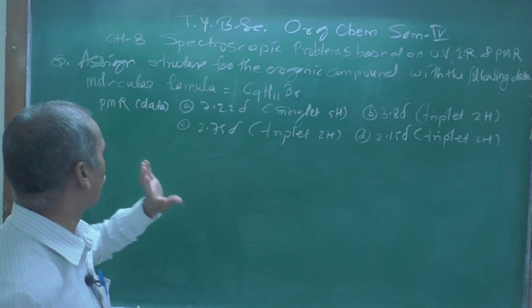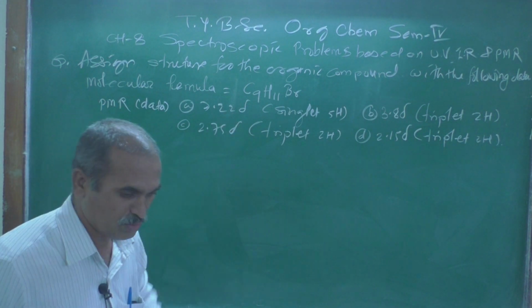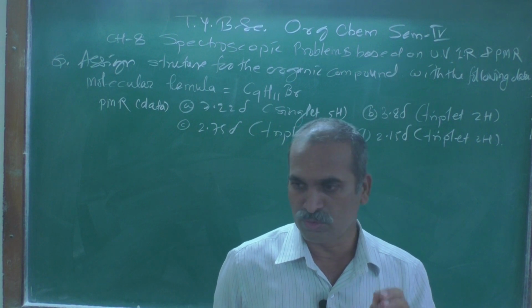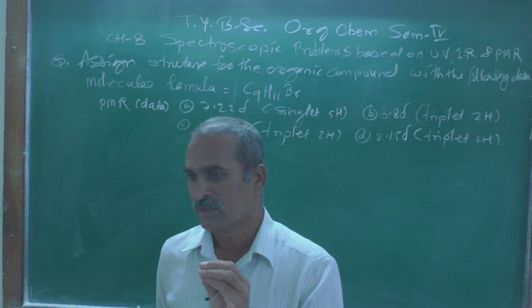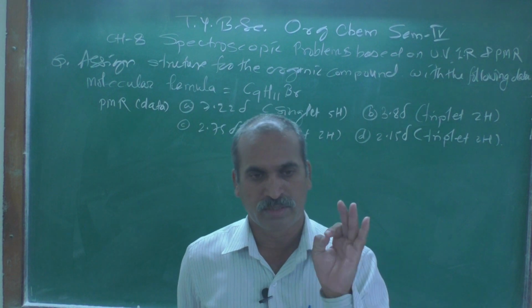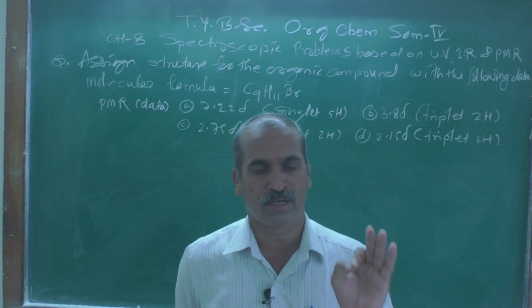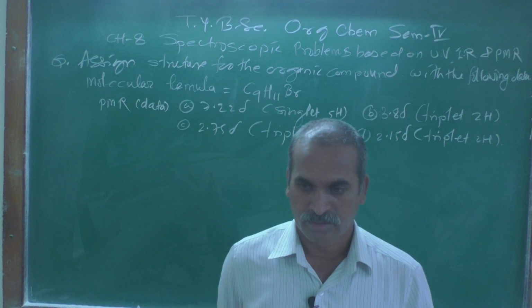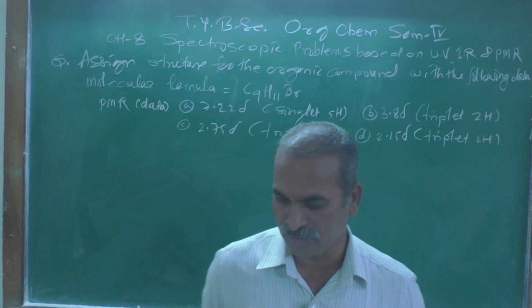The molecular formula is given and the PMR data is also provided, and from that we are going to solve the problem. What could be the correct structure of the organic compound?